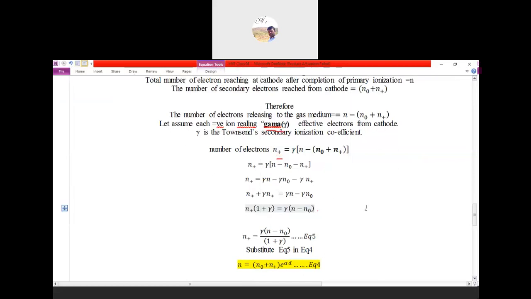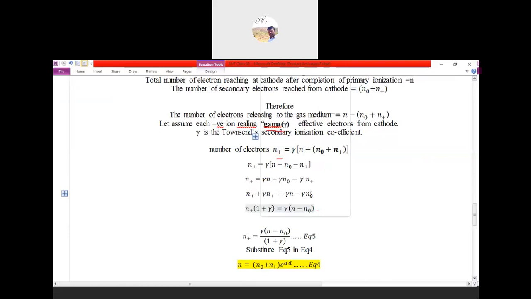So the number of electrons released into the gas medium is equal to n minus n naught plus n plus. These are the total number of electrons released into the gas medium.